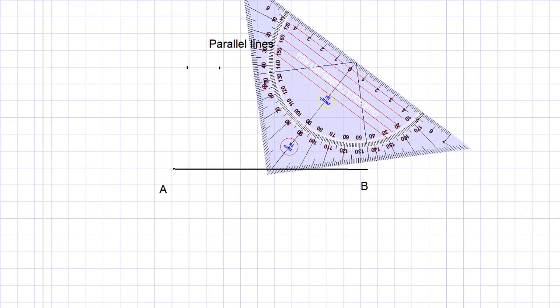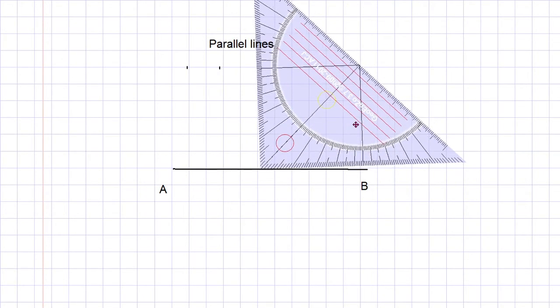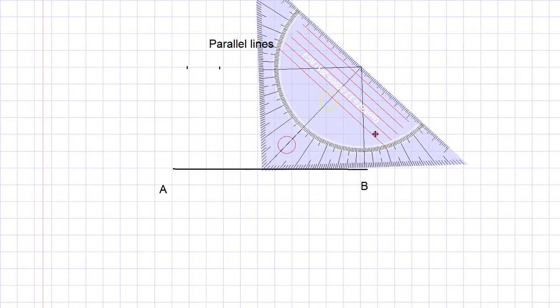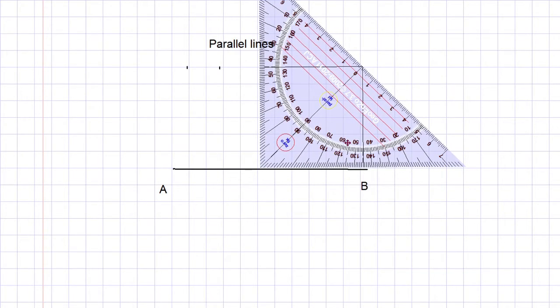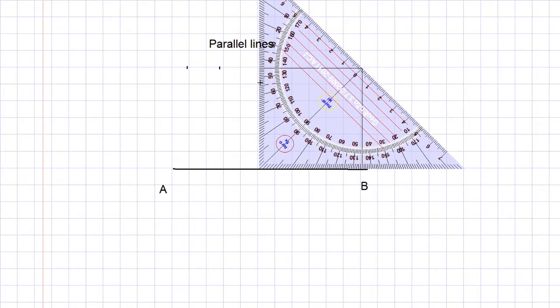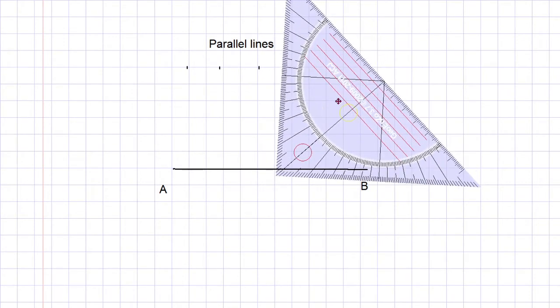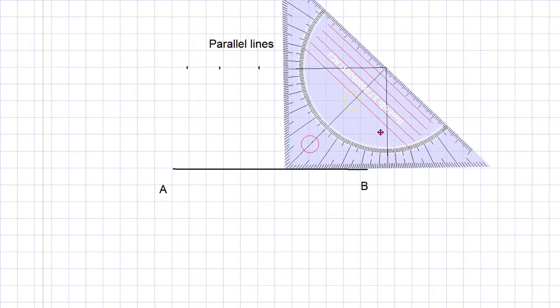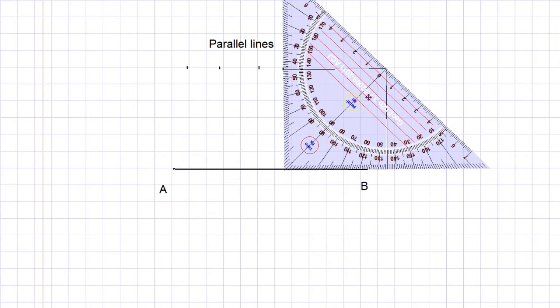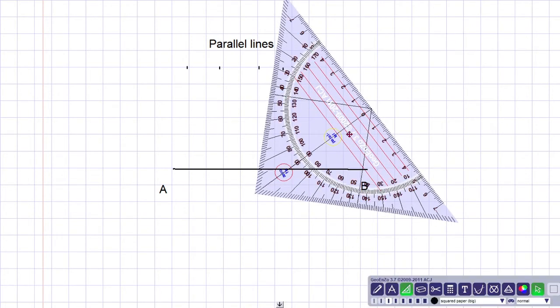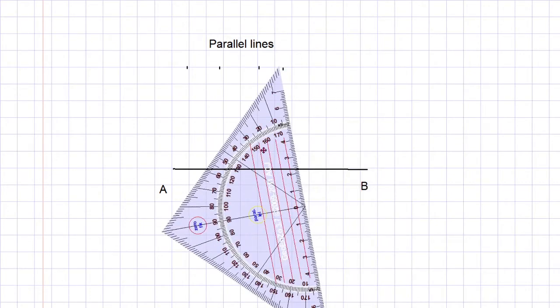I will slide the set square and mark another point. Again I will slide the set square and mark another point. This distance can be taken from the other side also.